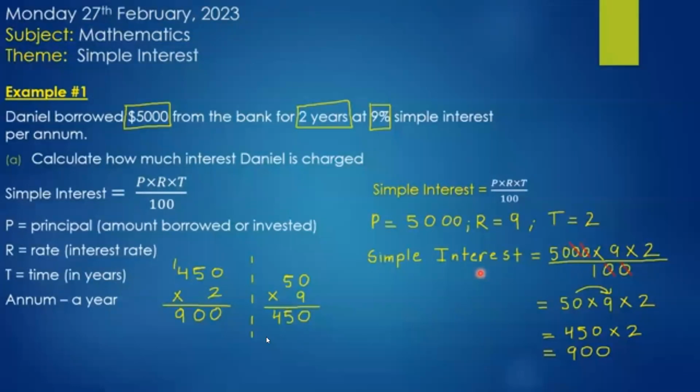24 divided by 12 would be 2. Very good, so it'll be 2 years. And if I give you 36 months, what would that be?